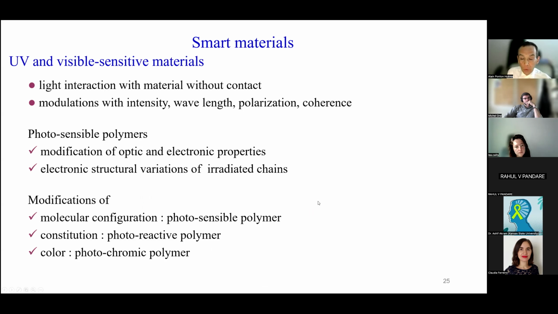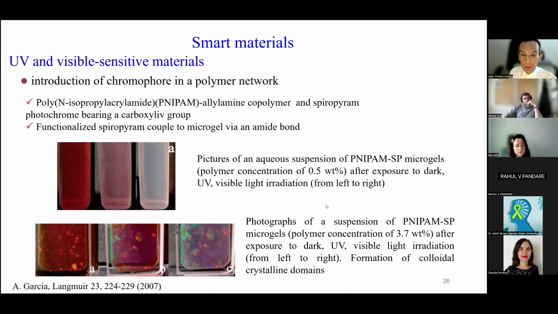And you can also use these smart materials for very interesting properties. So I will show you some examples. Here you have a polymer. It is a thermosensitive polymer in which you have introduced a photochrome.